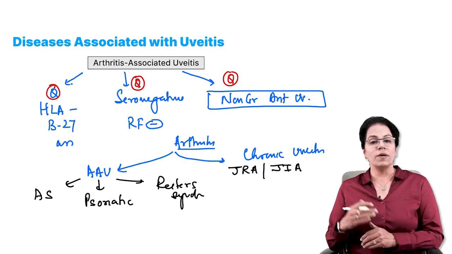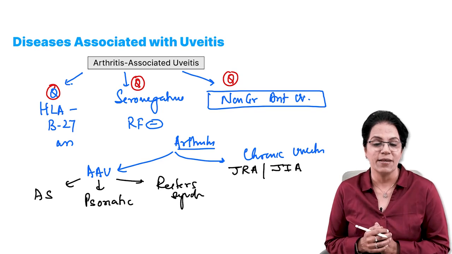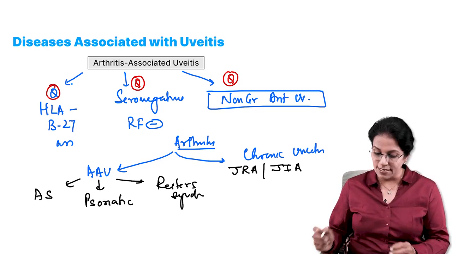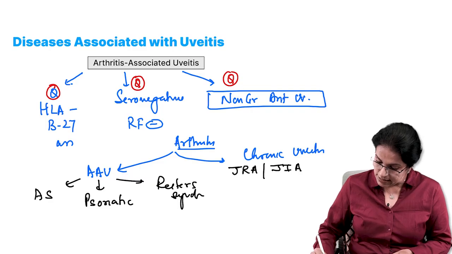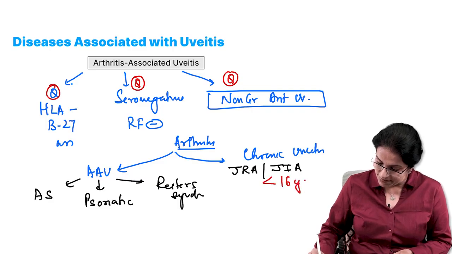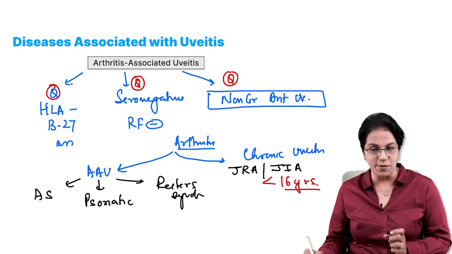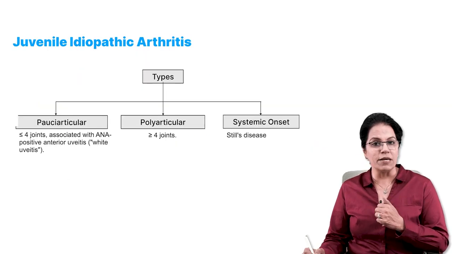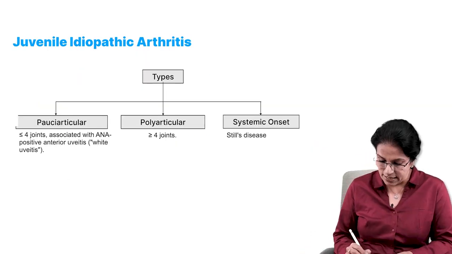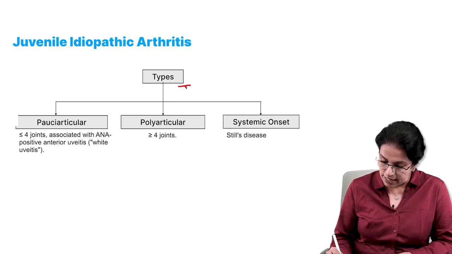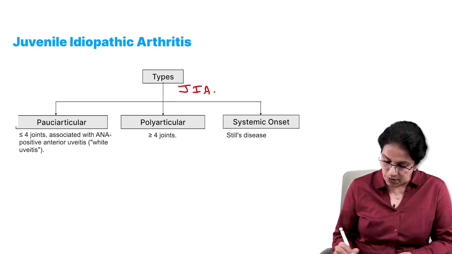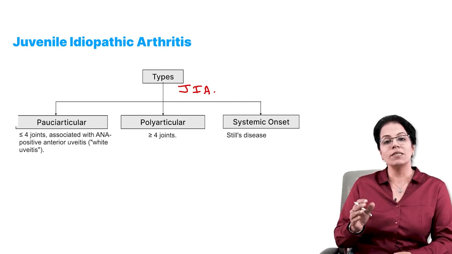So, when you say JRA or JIA, this is defined as any arthritis in less than 16 years of age. And we divide JIA into three types: pauci, poly, and systemic onset. So, let us divide JRA or JIA as pauci-articular. When do you call it pauci? Meaning less.